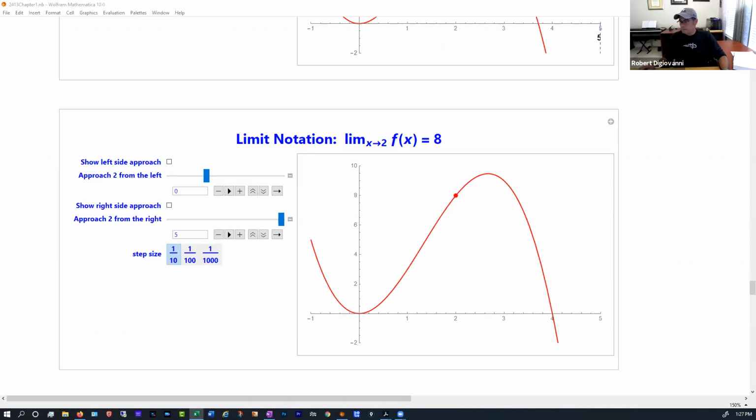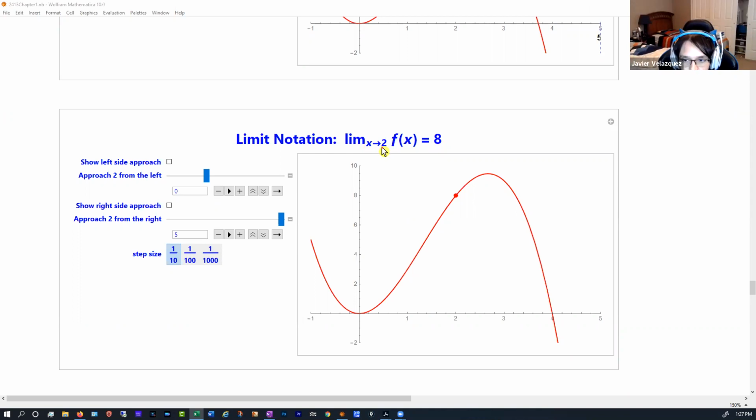Javier, are you there? Yes, I'm here. Okay, so Javier, this notation, limit x approaches 2 of f of x equals 8. What is this saying we're supposed to do? It's telling us we're supposed to look at the function and look at both sides as they're approaching 2. That's right, both sides. And why, Javier, is the answer 8 then?